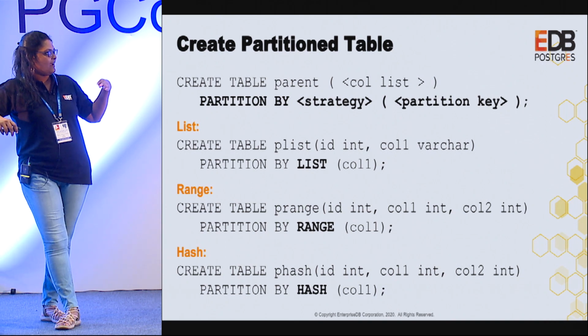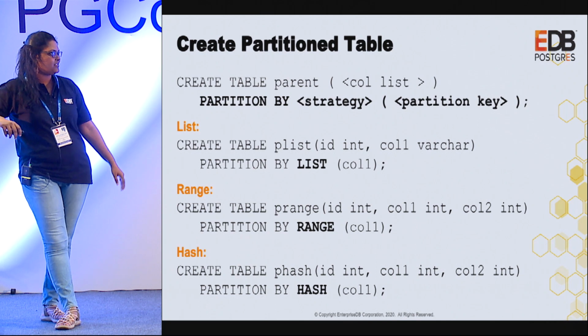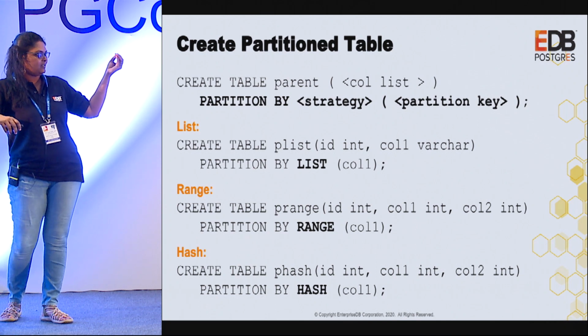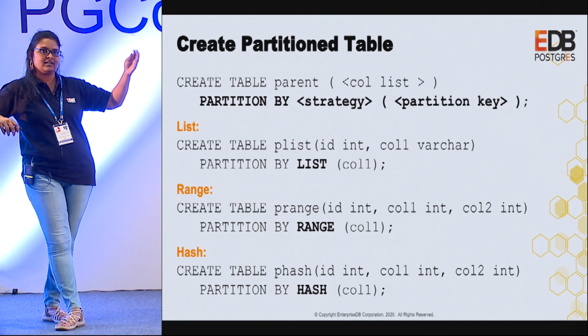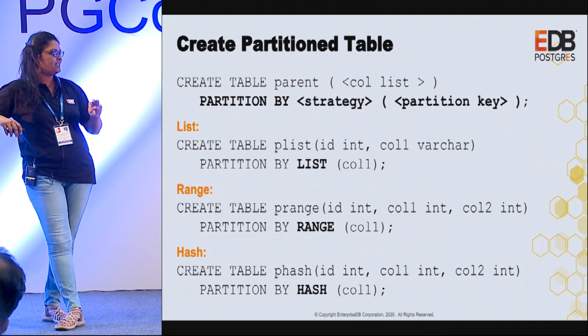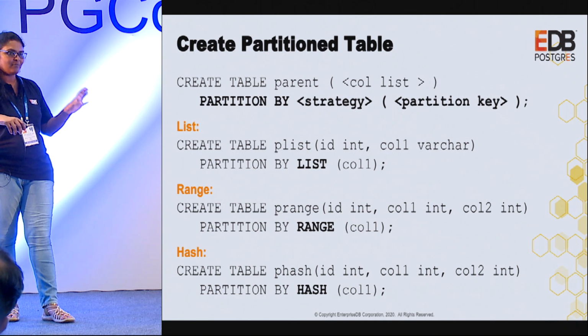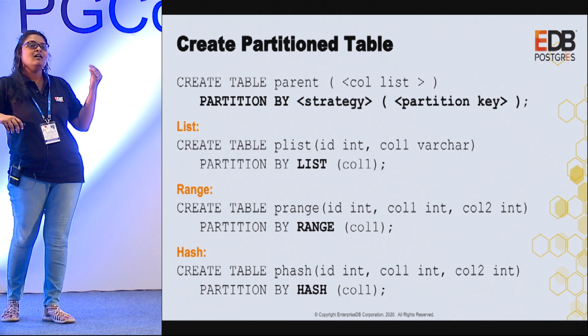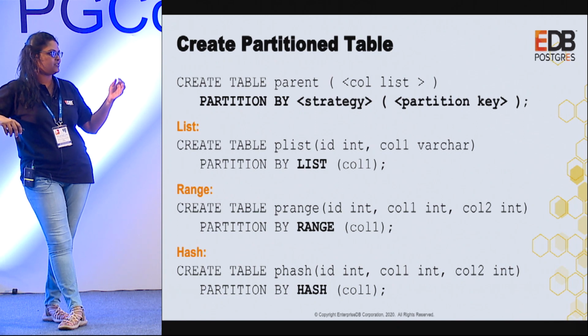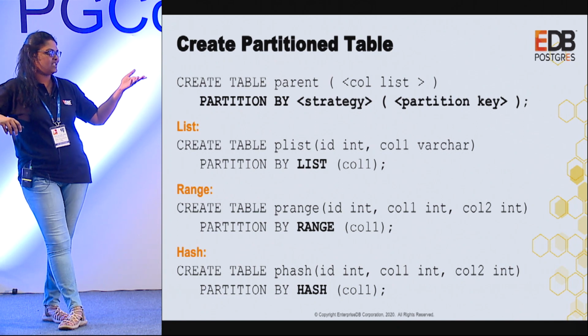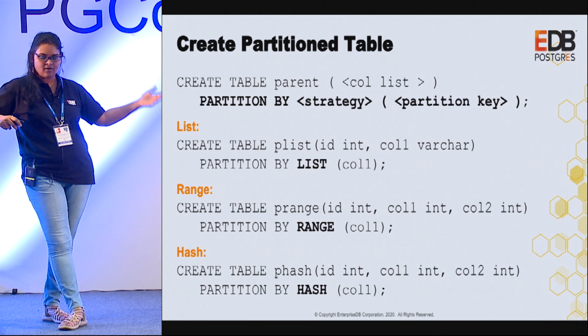I have given this example for list, range, and hash. I state the CREATE TABLE, then whatever constraints you have, and then you end it by saying PARTITION BY LIST and mention a partition key. In this case, it's just column 1. Similarly, for range and hash, you simply write the strategy name, range or hash.